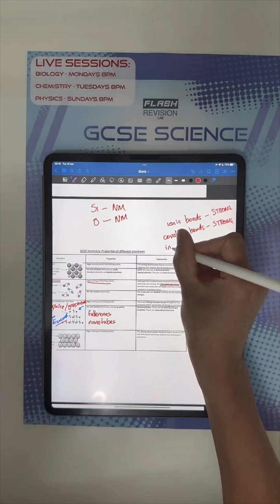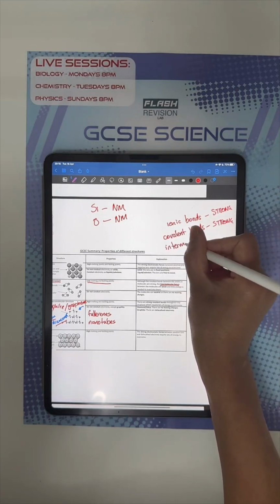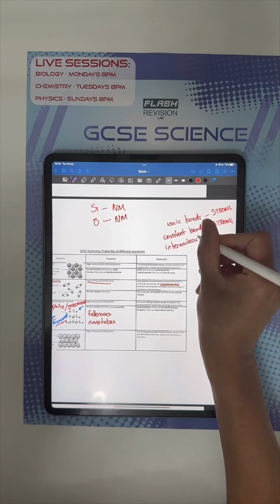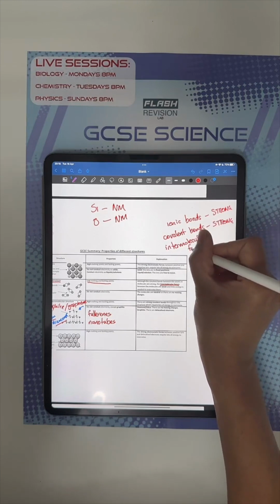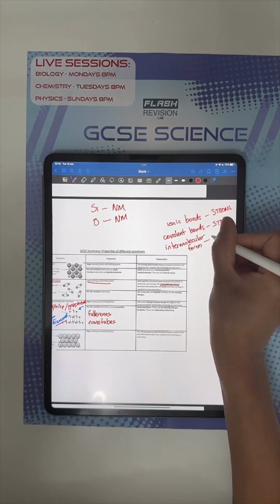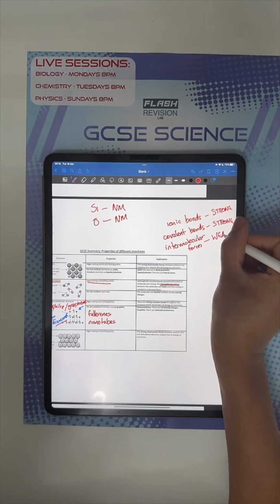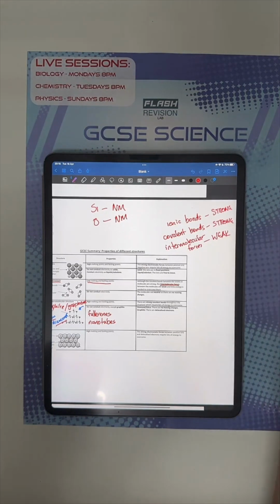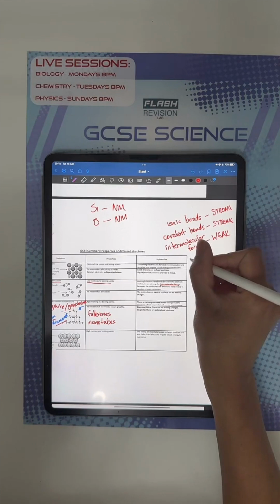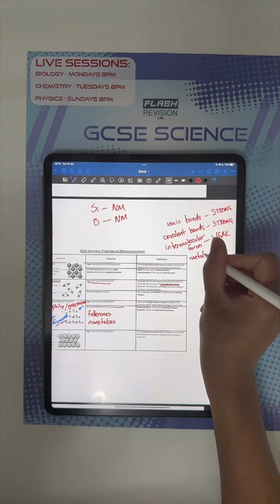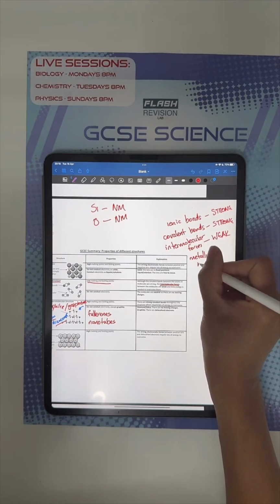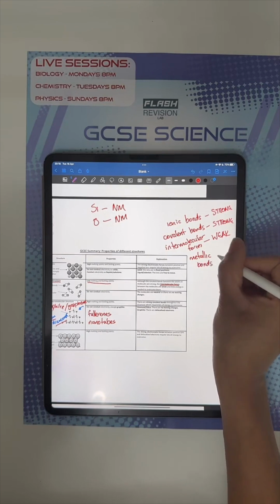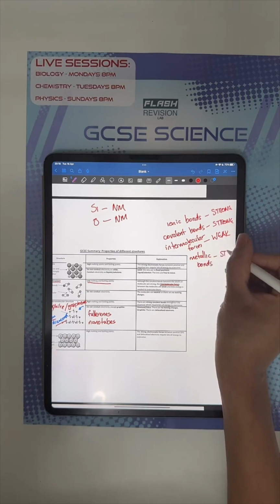We have intermolecular forces. These are weak. These are the only weak ones that we come across. And we have metallic bonds, which are strong.